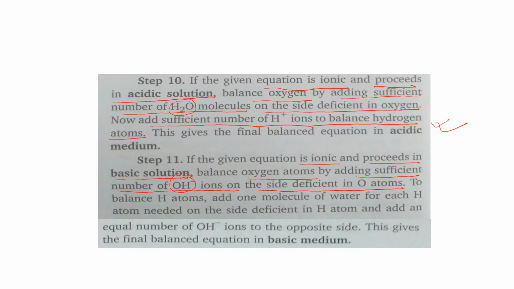To balance hydrogen atoms, add 1 molecule of water for each hydrogen atom needed on the side deficient in hydrogen atoms, and add an equal number of OH minus ions to the opposite side. This gives the final balanced equation in basic medium.